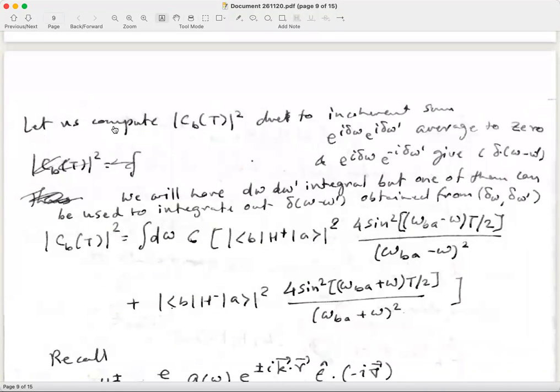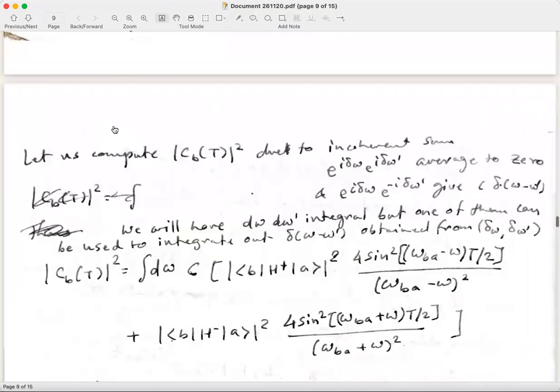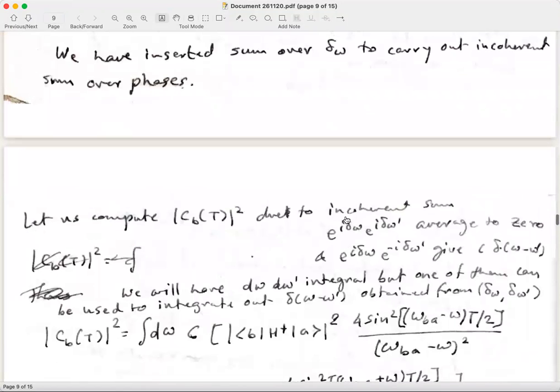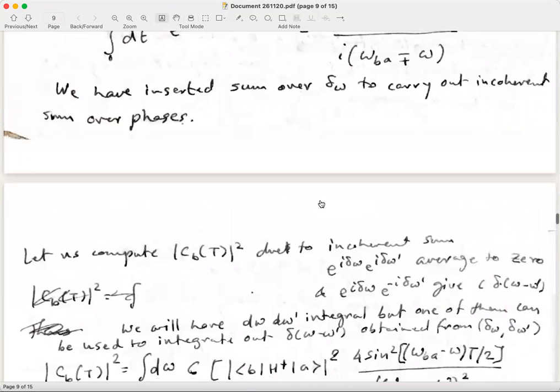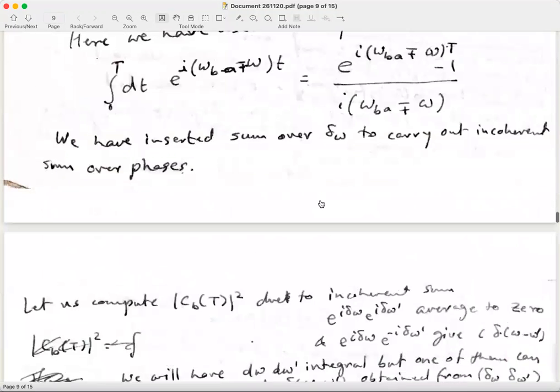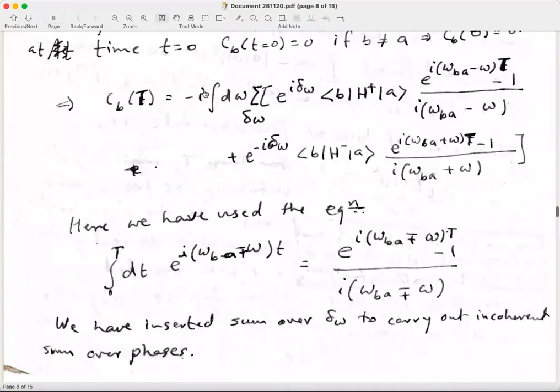Due to the incoherent sum, e to the I delta omega times e to the I delta omega prime averages to 0, and e to the I delta omega times e to the minus I delta omega prime gives you a delta function, something we discussed a couple of pages ago. So when you take the mod square of this quantity, and the mod square of this quantity, you would have contributions.